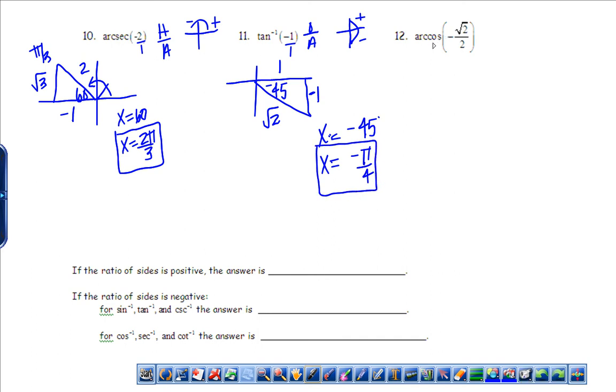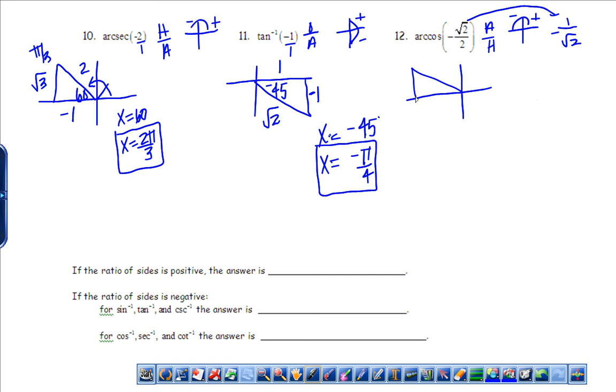Okay, we've got arc cosine. That is adjacent over hypotenuse. And cosine, remember, is on top where this is positive and this is negative. If we have this negative root 2 over 2, remember unsimplified is 1 over root 2, we still have a negative. Okay, let's see where this falls.